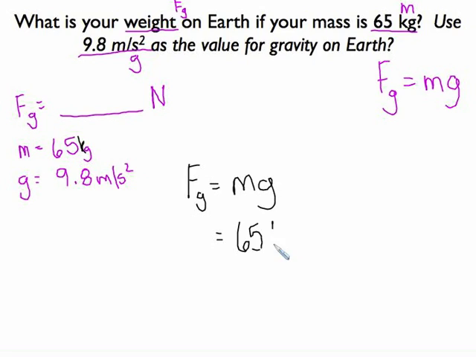That would have really changed things if it was grams. That would have been a really big person. Our mass is 65 kilograms, and our gravity is 9.8 meters per second squared.